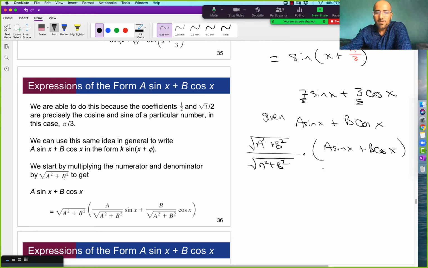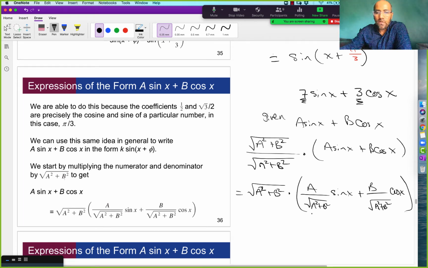Then we're going to distribute this denominator to both of these, and we'll end up with this, right? Once we distribute, we end up with this constant out here, which is the square root of a squared plus b squared, times a over the square root of a squared plus b squared sine x plus b over the square root of a squared plus b squared cosine x.